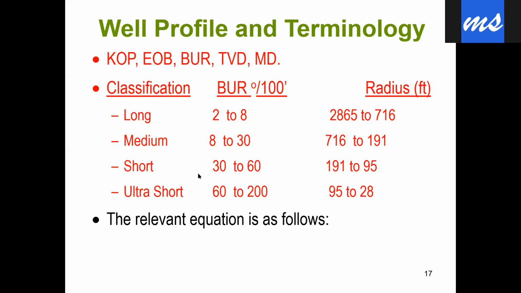For short radius, with a build rate of 30 degrees to 60 degrees, the radius will be short, between 200 to 100. For ultra short, or a sharp well, the build rate will be 60 degrees per 100 feet to 200, and the radius will be just 95 to 30 feet.